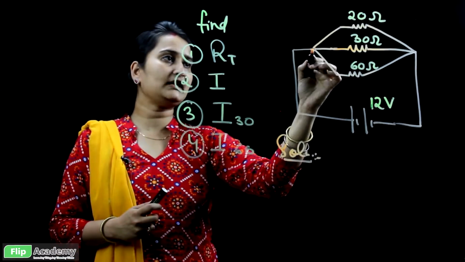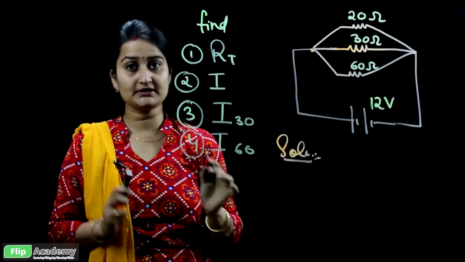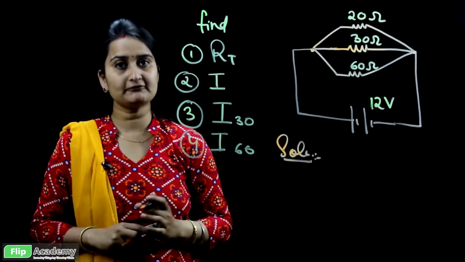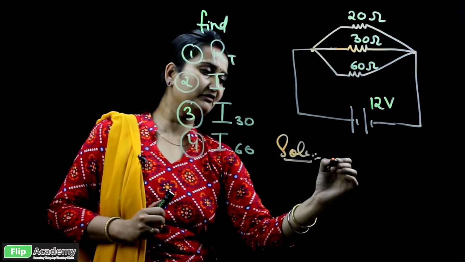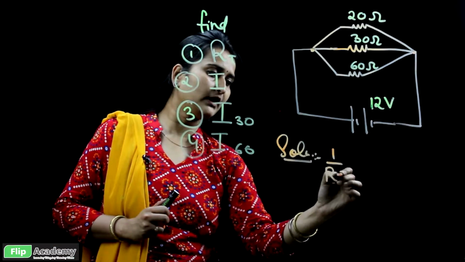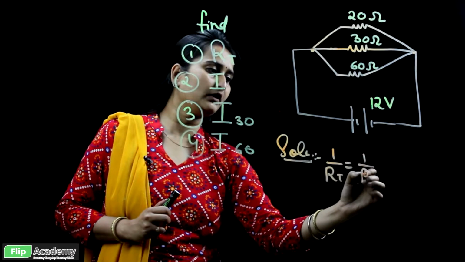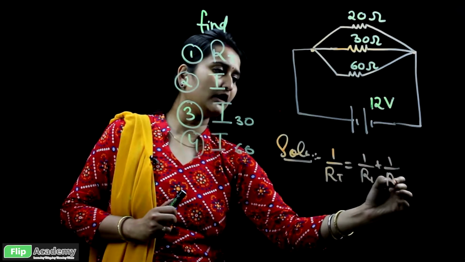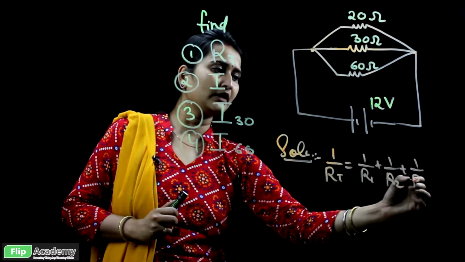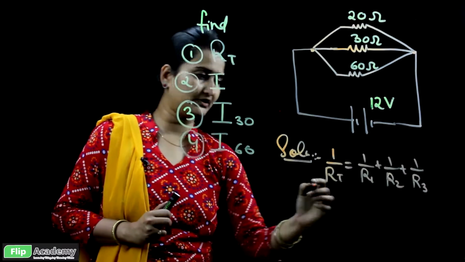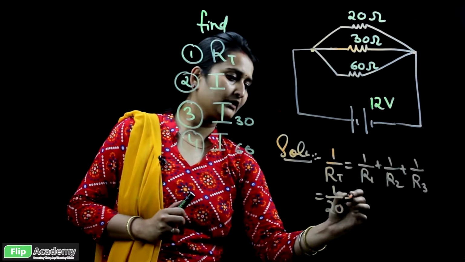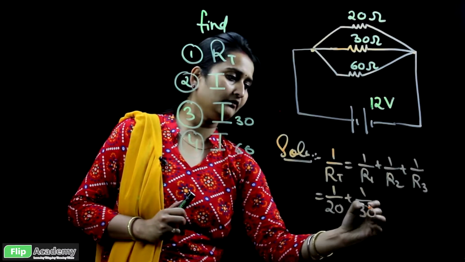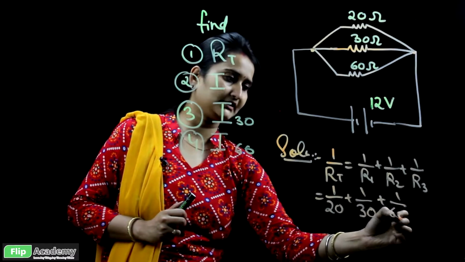Look at the combination here. The combination is parallel. These three resistors are connected in parallel. So use the formula for total resistance in parallel. What will be the formula? 1 upon RT is equal to 1 upon R1 plus 1 upon R2 plus 1 upon R3, because there are three resistances. So 1 upon 20 plus 1 upon 30 plus 1 upon 60.